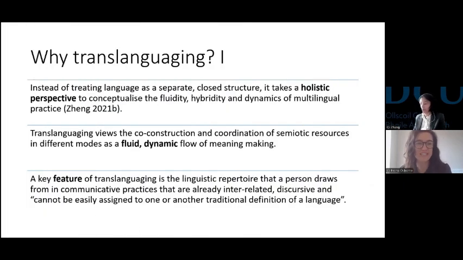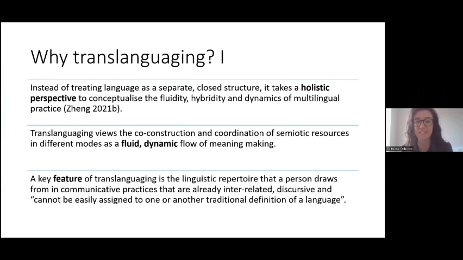So why translanguaging then? Instead of treating translanguaging as a separate or closed structure, it takes on the holistic perspective to conceptualize fluidity, hybridity, and dynamics of multilingual practice. Translanguaging views the co-construction and coordination of semiotic resources in different modes as a fluid and dynamic flow of meaning making.